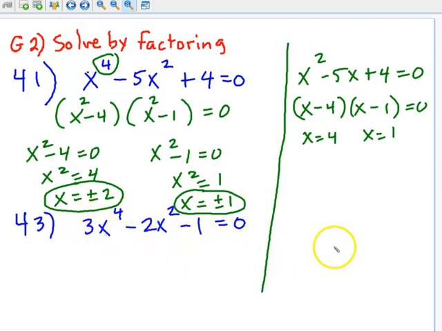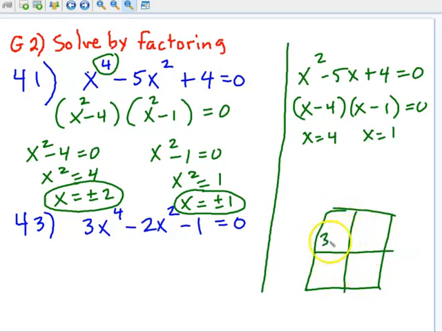And then this would be the box method. So when this was quadratic, we would have used the box method. I'll just go back to familiar territory and show you how it relates. So we multiply those together, and then come up with the factors of that product that add up to the middle. That would be negative 3x times x.